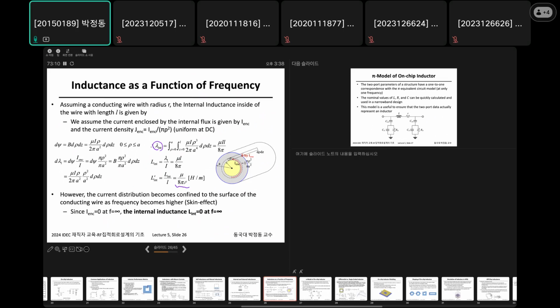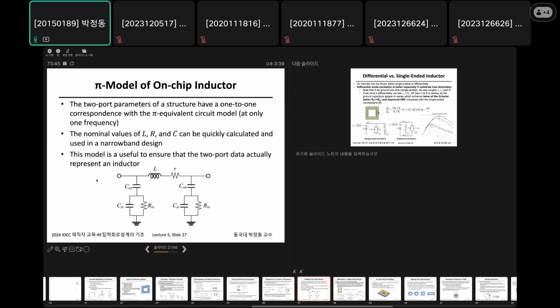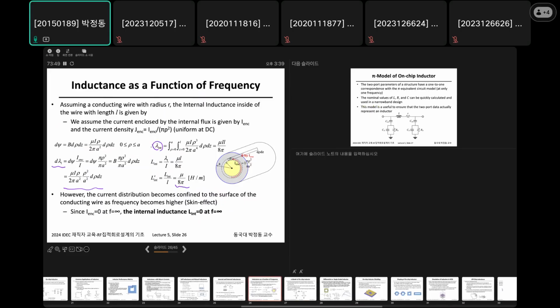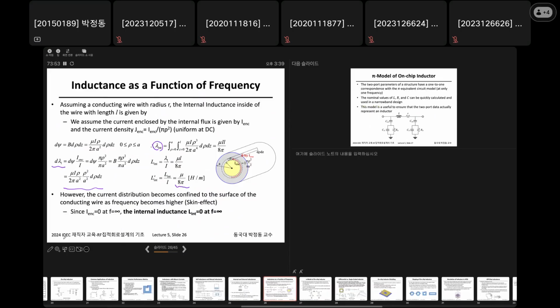As the current distribution becomes confined to the surface, the linkage becomes smaller and smaller, and it becomes 0. It's very simple to make this analysis.